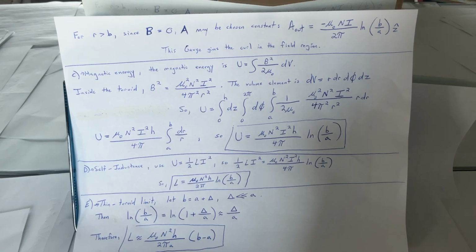And after we integrate that, compute that, we get the following for U. U is equal to mu naught N squared I squared H over 4 pi ln b over a.